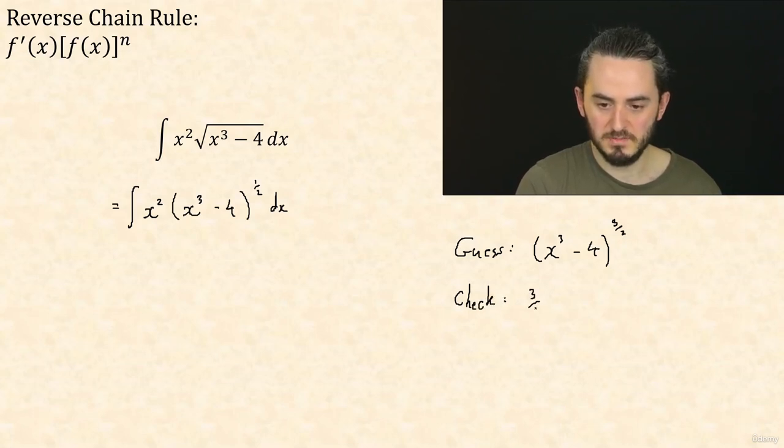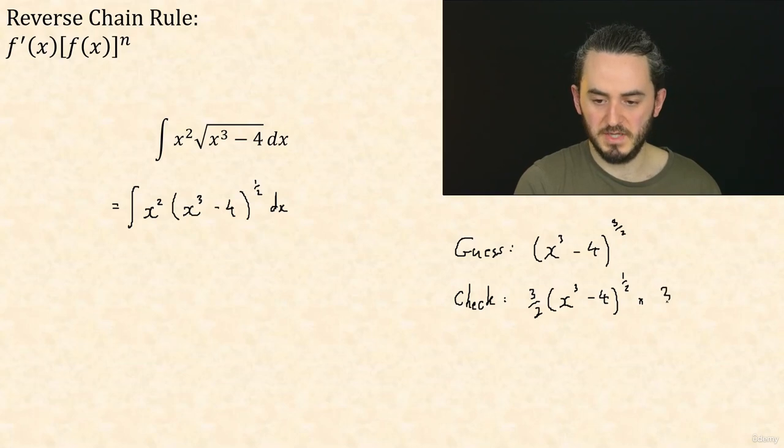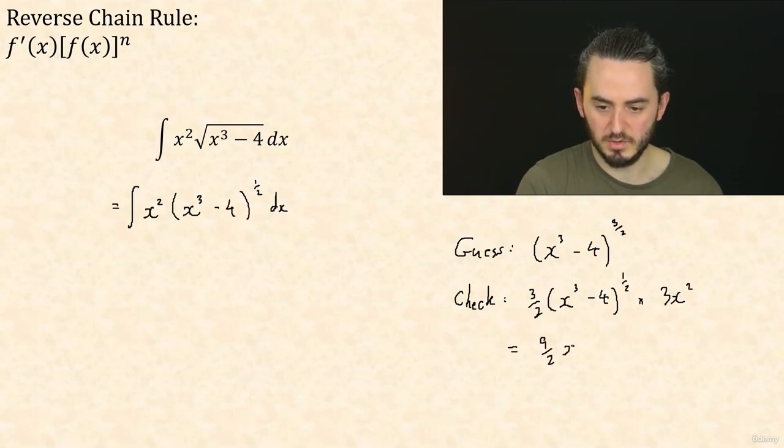So power comes down to the front and drops by 1, and then we multiply by the derivative of the bracket, which is 3x squared. And now I want to neaten this up so it's as clear as possible. So 3 times 3/2 is 9/2, and I've got an x squared, and then I've got my bracket, which is x cubed minus 4 to the power of a half.